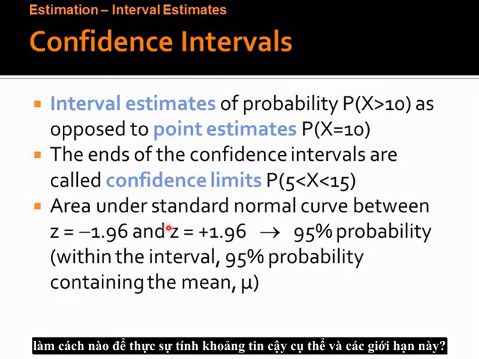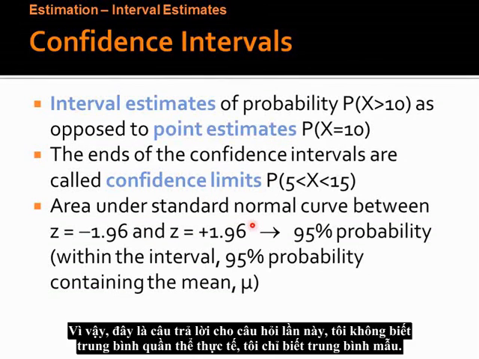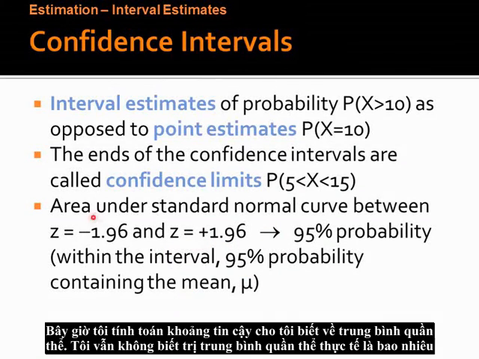Okay? Now, how do I actually calculate this particular confidence interval? How do I calculate the confidence limits? I calculate them based on my sample mean, right? So this is answering the question. This time I do not know what the actual population mean is. I only know the sample mean. So only given the sample mean, I now calculate a confidence interval that tells me something about the population mean.